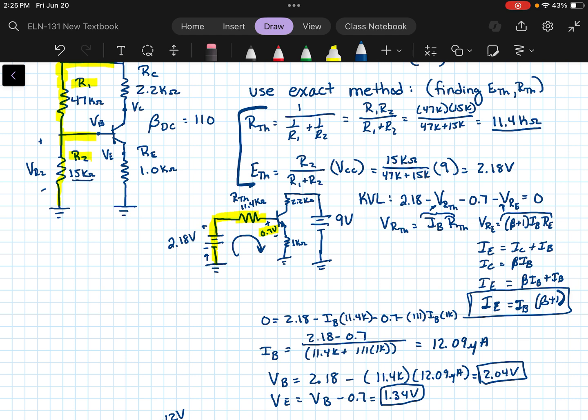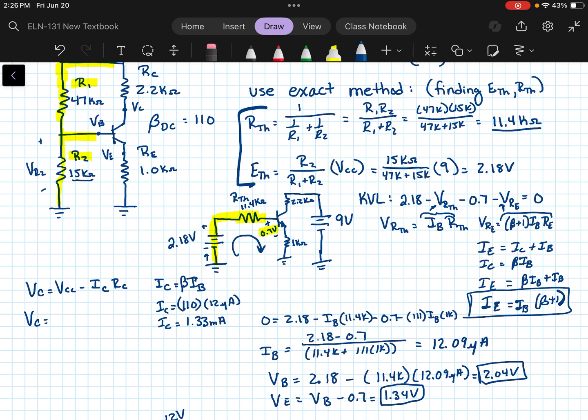And then for VC, we need VCC minus IC times RC. So we're going to need IC, and IC is beta times IB. We've got 110 times the 12.09 microamps, which is about 1.33 milliamps.